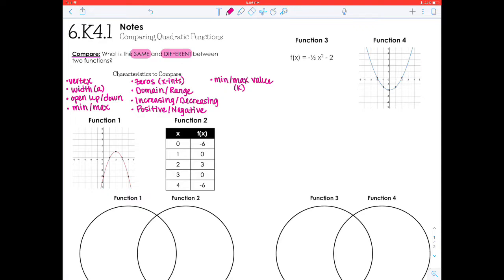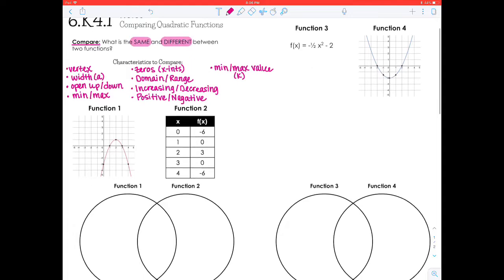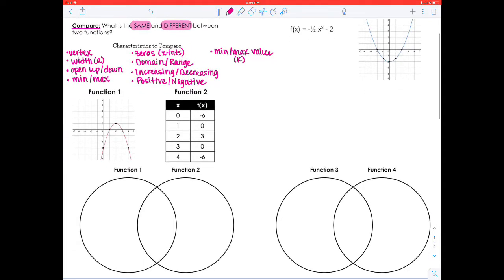That's going to be a really good reference to have as we go through some of these. These are things that you've already learned, but we're just finding all of these things from two different functions right now so that we can compare them. Okay. So let's start with the first set with function 1 and function 2.